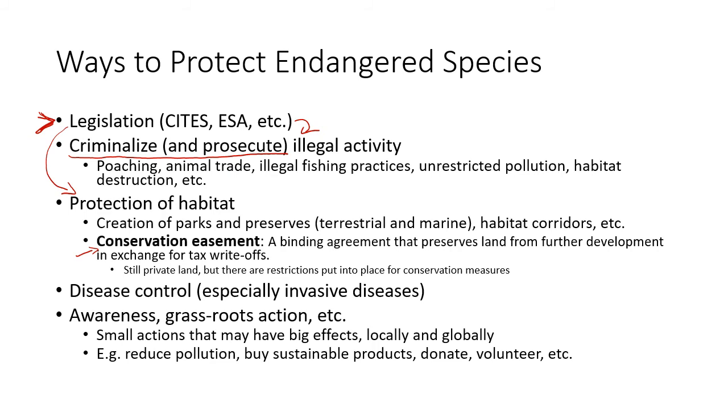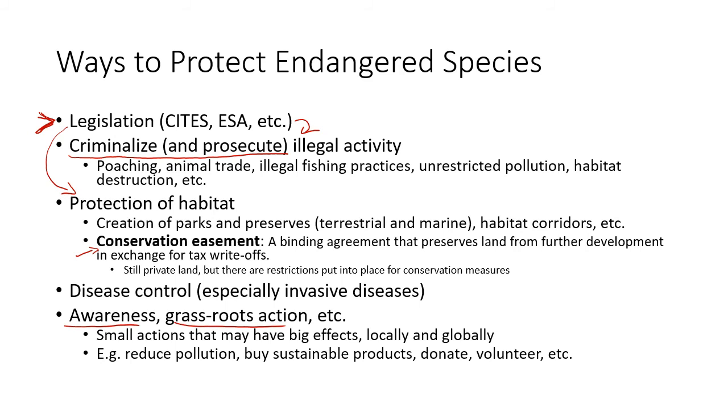Okay, so all of those are really legislation in nature. You can also have just tax incentives or other types of incentives to protect endangered species. Also, further down here, just awareness, grassroots campaigns, all of that: small actions at a local level can have big effects.